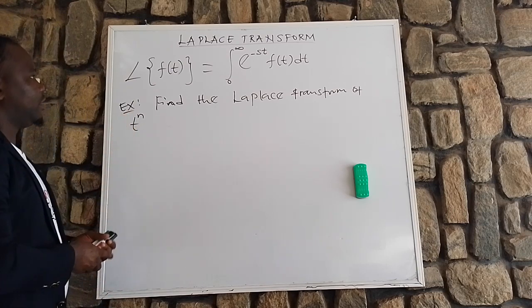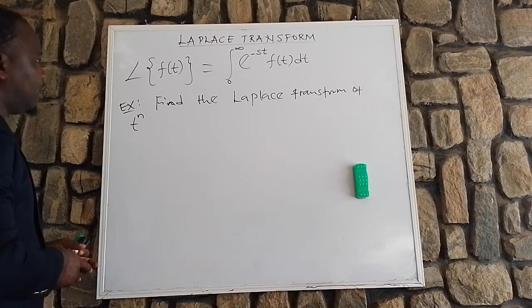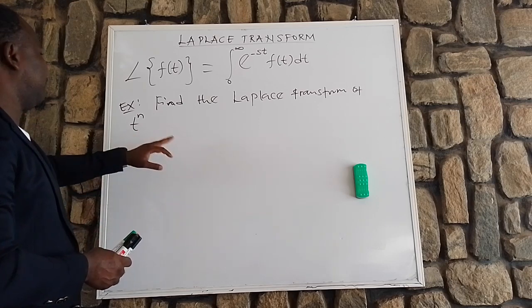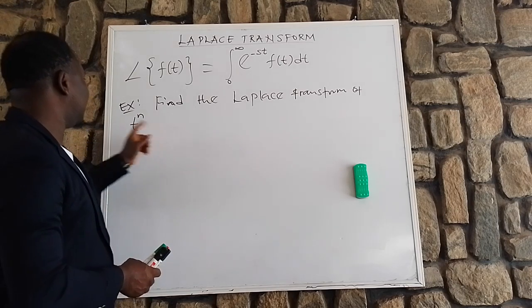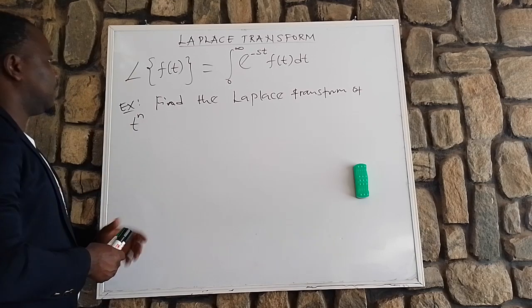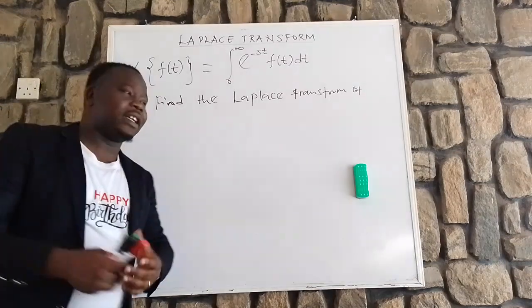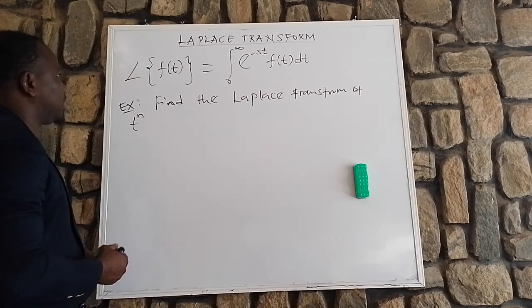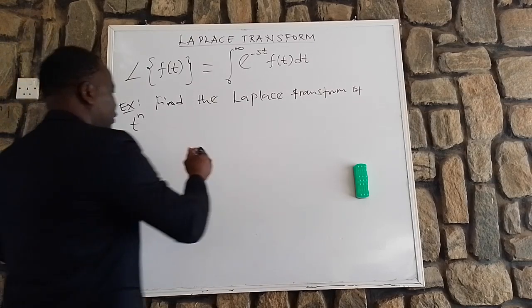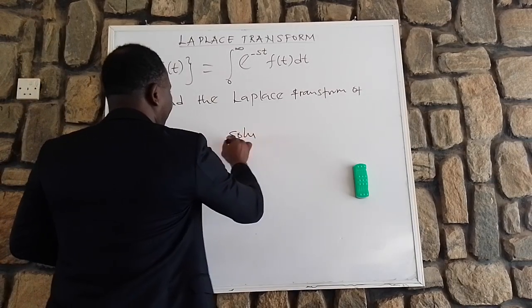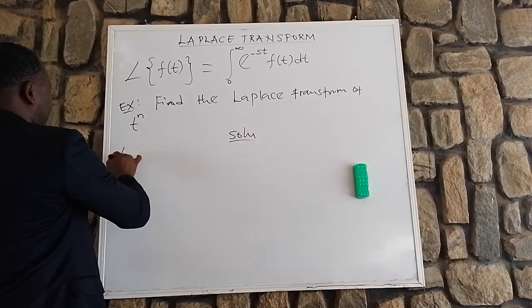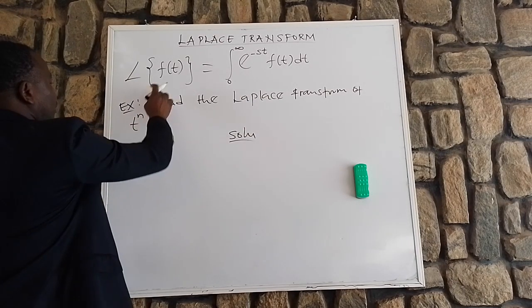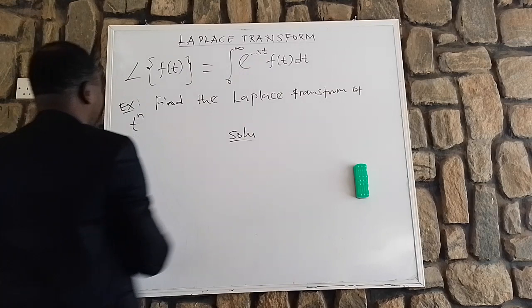Okay, let's look at this. How can we obtain the Laplace transform of t raised to the power of n? First, let us define what Laplace transform is all about. Solution. You know that the Laplace transform of f of t is equal to this.